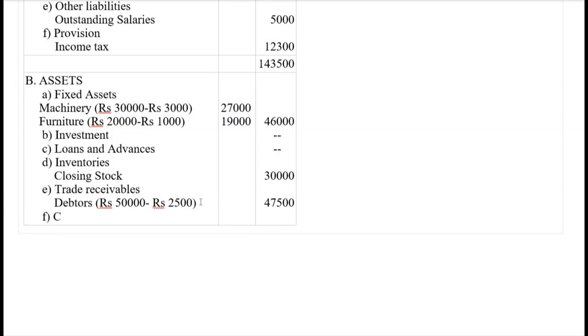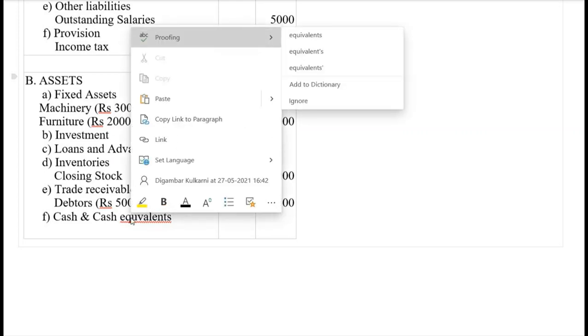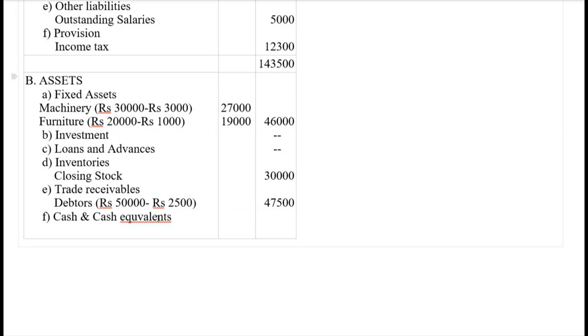Then the next one here, F, cash and cash equivalents. Under that, cash in hand.